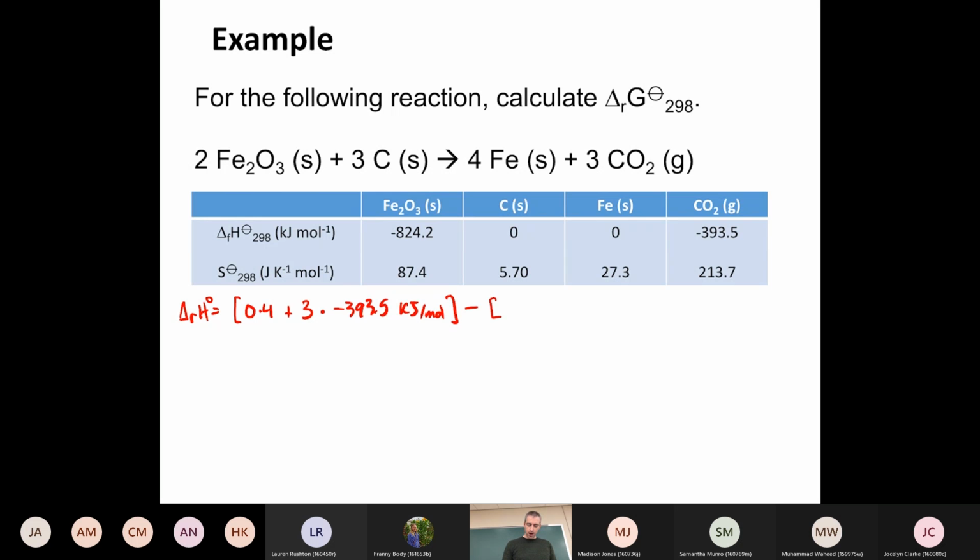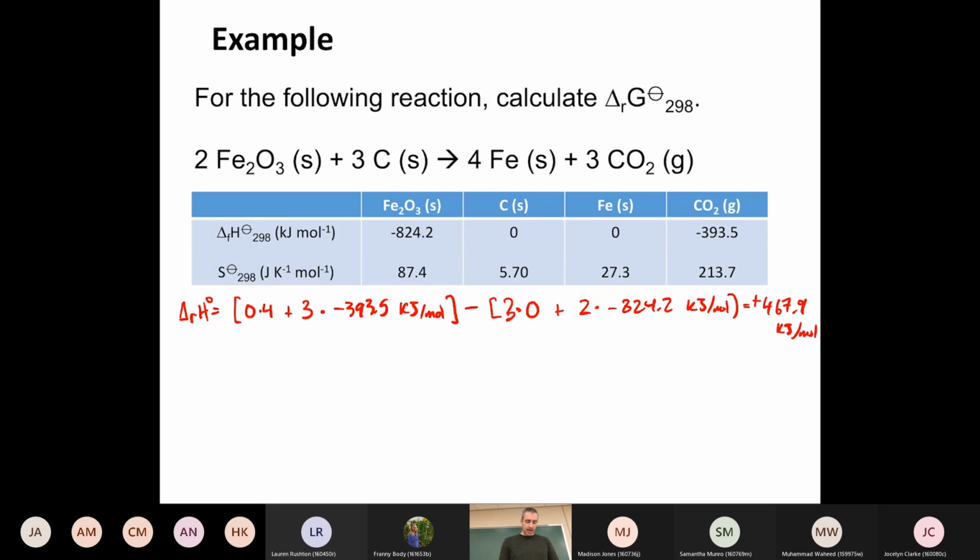We have carbon there, which is, again, a pure element in its standard state, which is 3 times 0, plus the iron oxide is 2 times negative 824.2 kilojoules per mole. And that equals positive 467.9 kilojoules per mole. All right.